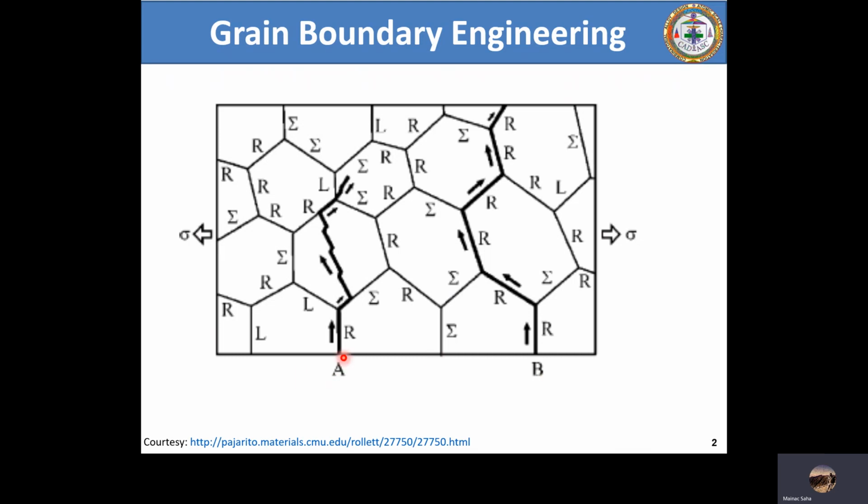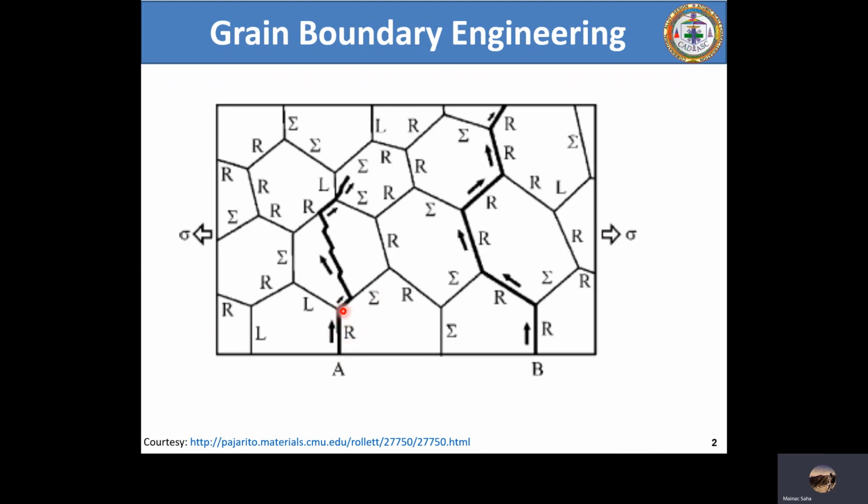Let's say a crack is propagating along the random angle boundary from side A, and it reaches a triple junction between L, R, and sigma, where L has the least grain boundary energy, and sigma has a comparatively high grain boundary energy compared to L, but a much lower grain boundary energy compared to R. Of course, that depends on the value of sigma also.